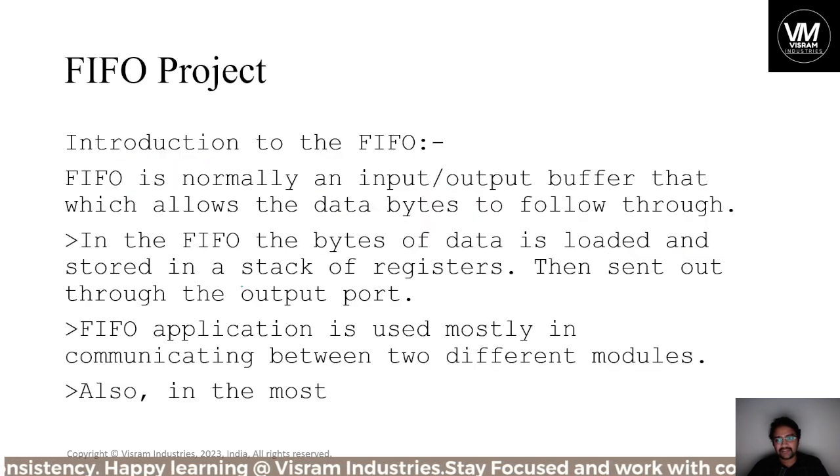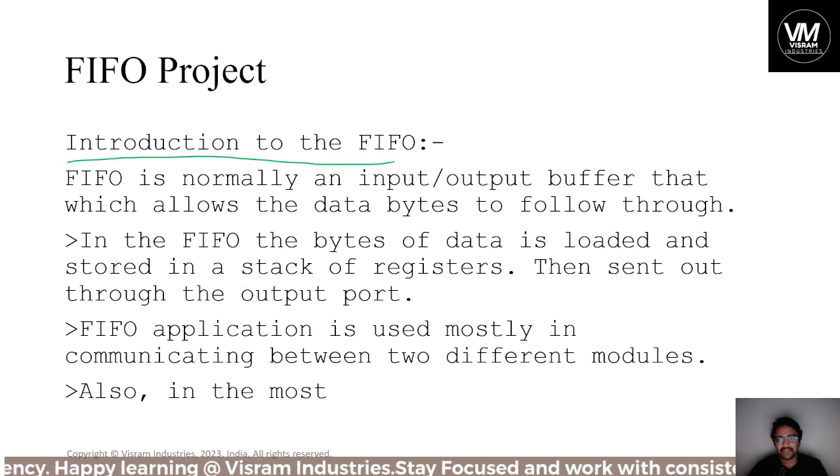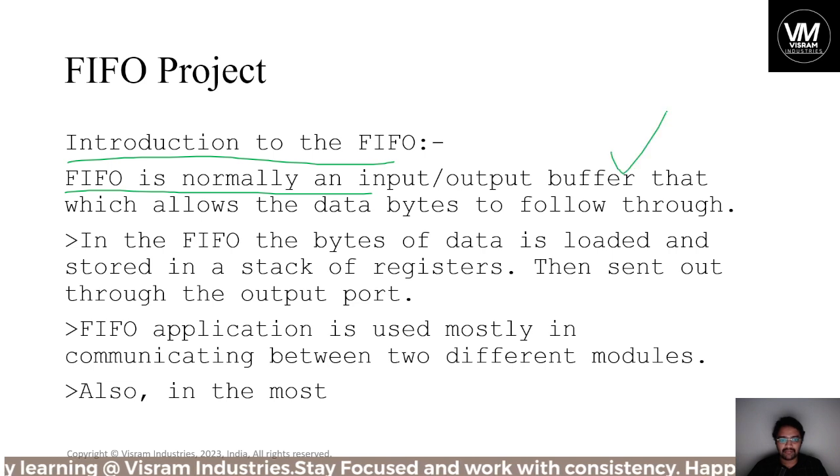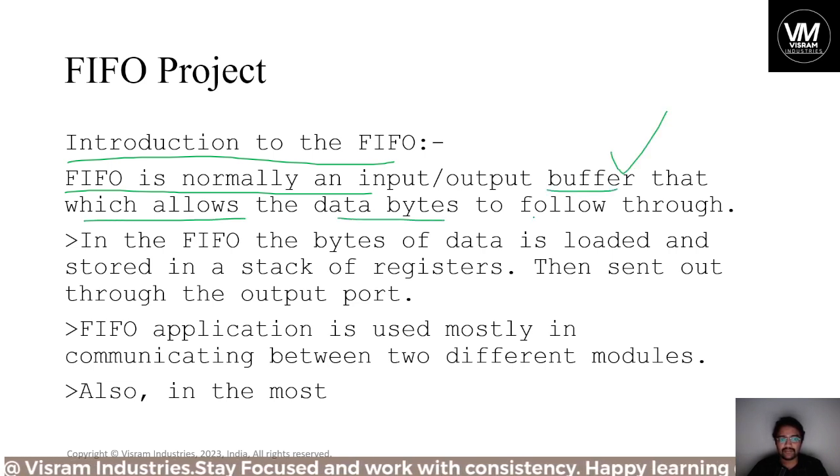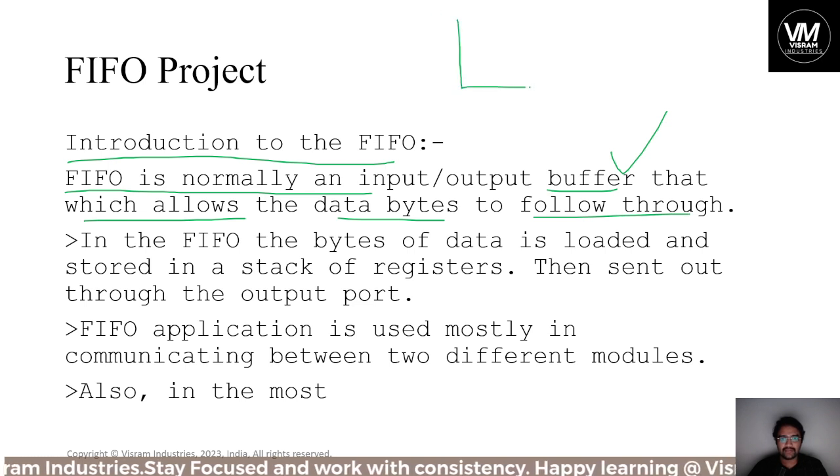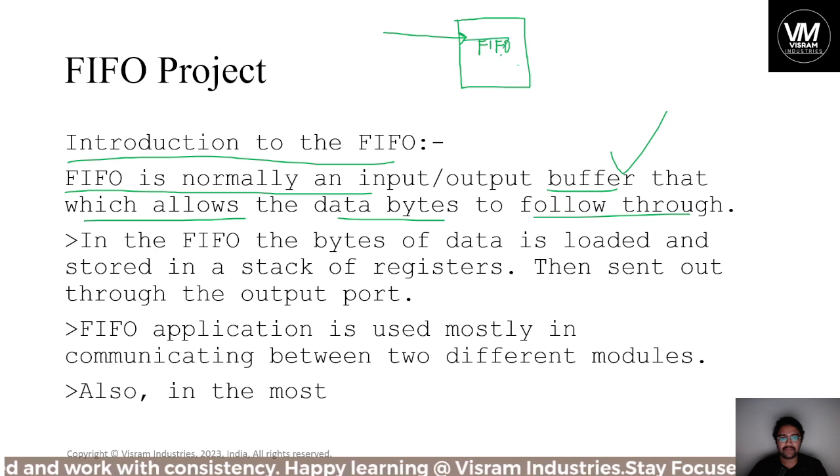So let us go to the introduction of the FIFO. FIFO is normally an input output buffer that allows data bytes to flow through. In that kind of implementation, it takes data and processes it.